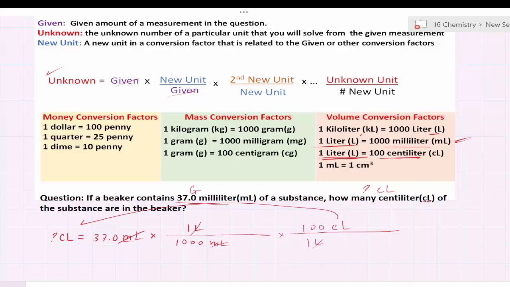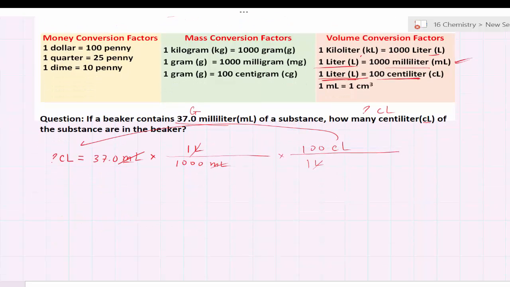The rest of the problem is basically putting it in the calculator. But before that, we can rewrite it: 37.0 times 1 times 100 centiliter, multiplying everything on top, and dividing everything on the bottom, 1000 times 1.